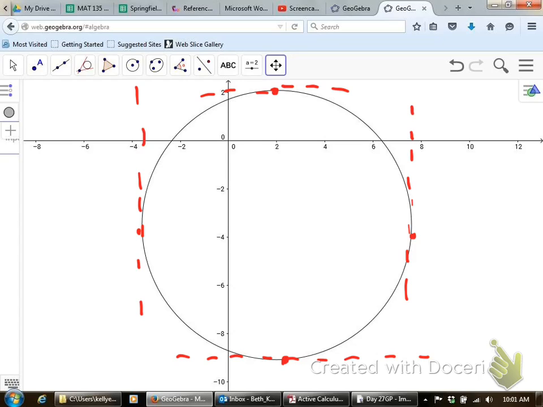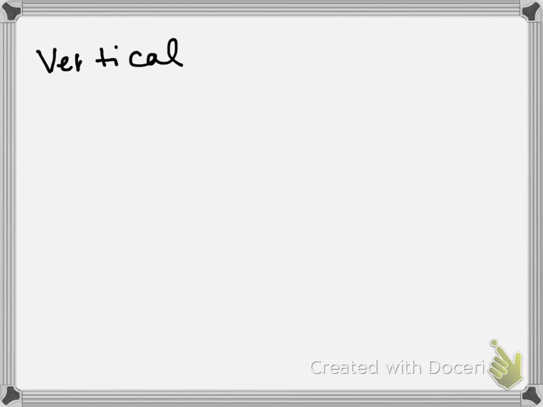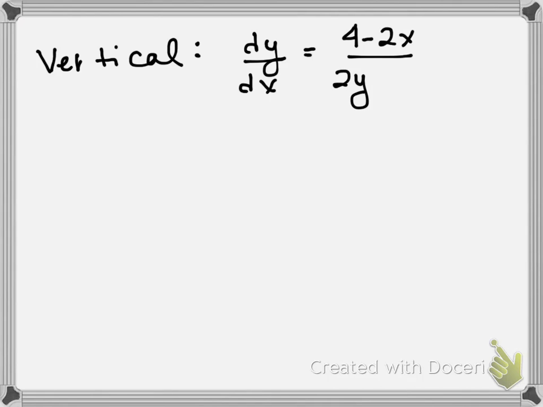So let's see if we can algebraically construct this. So we want to know when the tangent line is vertical. That means that the slope is undefined. So we get dy/dx equals (4 minus 2x) over (2y plus 7). So we're going to get a vertical tangent line whenever this denominator is 0 and the numerator is not 0.